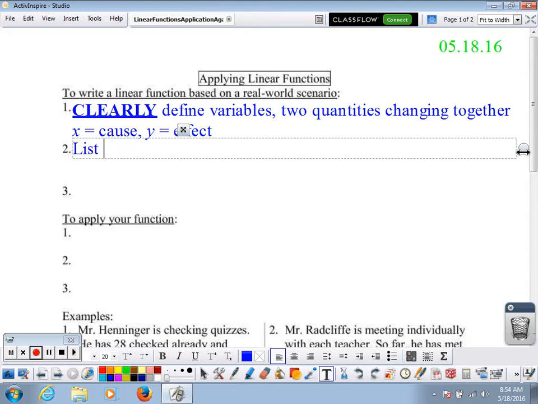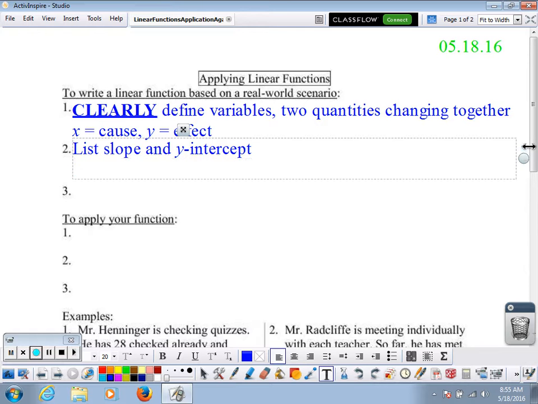Then I read the equation again, and I list my slope and my y-intercept. Now m is the slope, m is the slope, b is the y-intercept. When I'm looking for the slope, I'm trying to figure out what number goes in place of m.